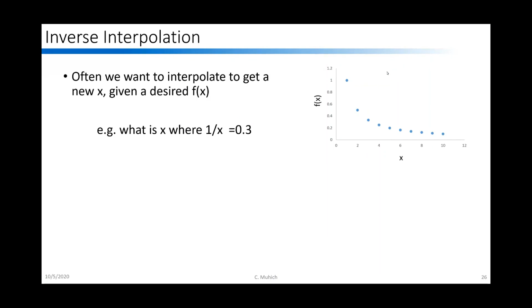Now that we've talked about the major methods of interpolation, I want to touch on some of the dangers of interpolation. First, inverse interpolation. Often we get some sort of data set where we take some independent variable, say, for example, the concentration of a certain molecule in solution, and we measure some response, say it's absorbance, right?